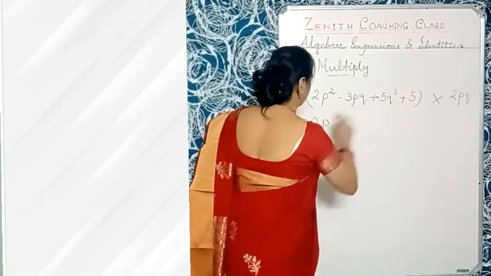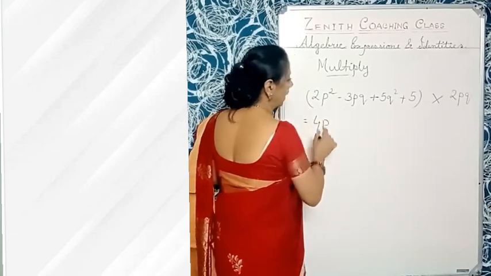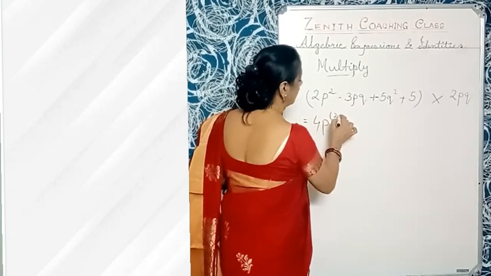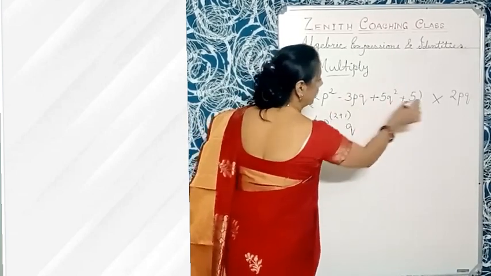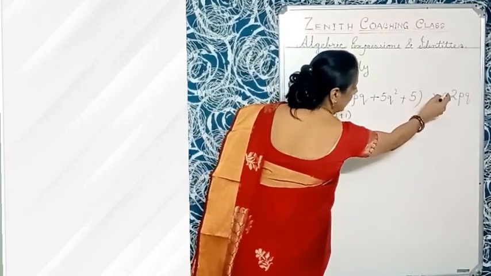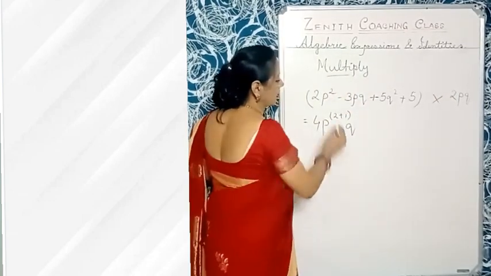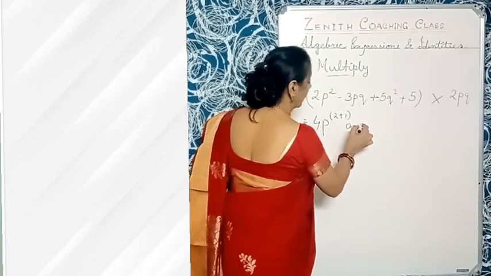Okay. So 2p cube multiplied by 2p square. 2 multiplied by 2 is 4. Okay. p square and there is p, that is p to the power 2 plus 1, q. So write q here. Here is plus, here is minus. Nothing there means plus. If there is minus, you have to write like this. So where there is nothing, that is plus sign. So plus multiplied by minus, plus minus, that is minus.